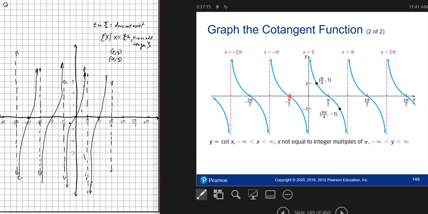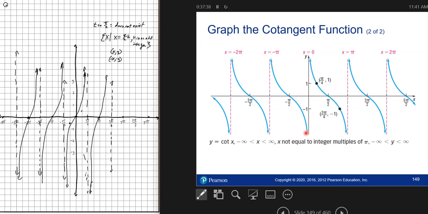And where you have the x-intercepts for the cotangent, that's where you have the vertical asymptotes for tangent. Because 1/0 is undefined, so like right here.